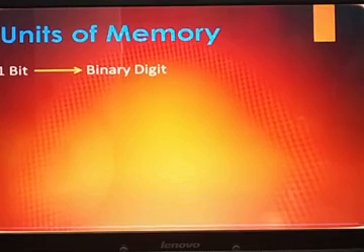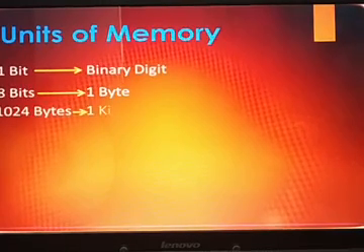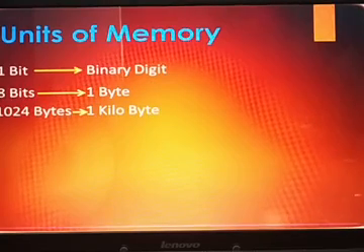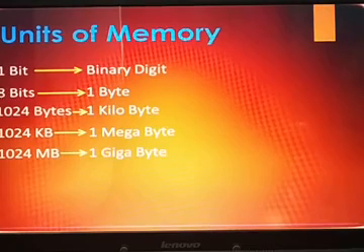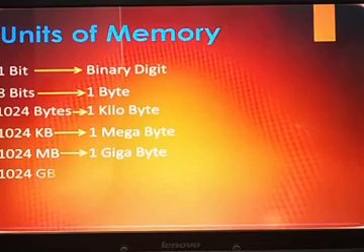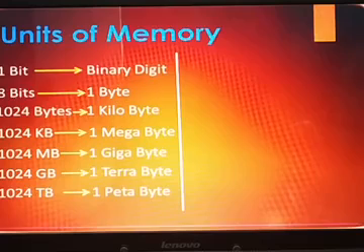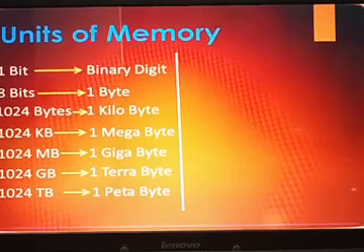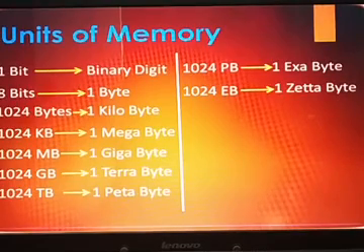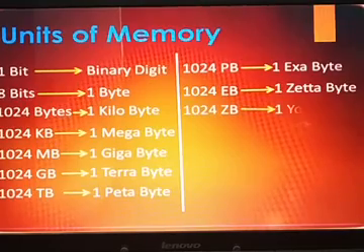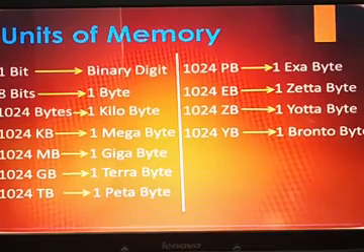1 bit, that stands for binary digit. 8 bits equal 1 byte. 1024 bytes equal 1 kilobyte. 1024 kilobytes equal 1 megabyte. 1024 megabytes equal 1 gigabyte. 1024 gigabytes equal 1 terabyte. 1024 terabytes equal 1 petabyte. 1024 petabytes equal 1 exabyte. 1024 exabytes equal 1 zettabyte. 1024 zettabytes equal 1 yottabyte. 1024 yottabytes equal 1 brontobyte.